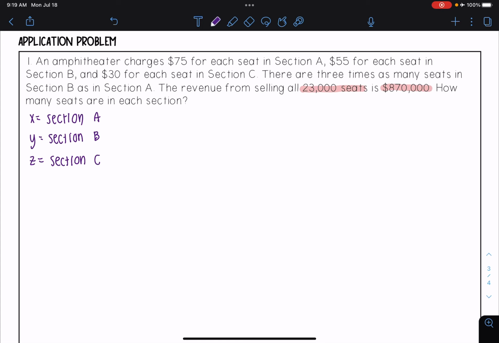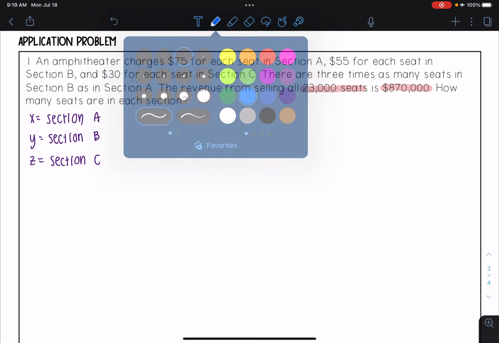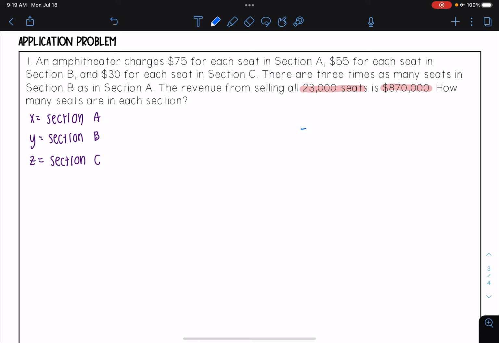So I have two totals from there. I know one of these is going to equal 23,000, and another is going to equal 870,000. Well, if X, Y, and Z stand for how many seats are in each section, and there's 23,000 total seats, this first equation is just going to be X plus Y plus Z.